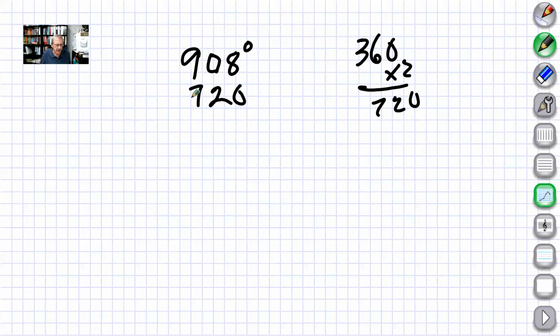If the angle is bigger than 720, then I'm going to subtract off 720. And I can just do this without my calculator, I think. Hopefully get it right. 188 degrees. Okay, so that would be the smallest angle. It's still a pretty big angle, but it is a positive angle. If I can't subtract off 360 anymore, I've got the angle.